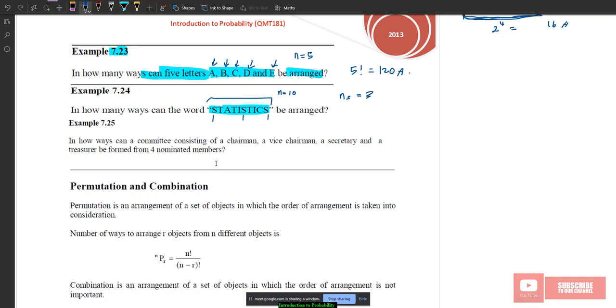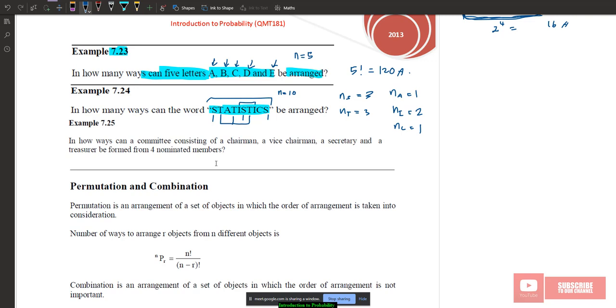So you have 3 objects for letter S. And T, 1, 2, 3 also, right? So you have 3 letters for T. And then for A you have 1 letter. For I basically you have 2 letters, I you have 2, right? And then for C basically you have 1. So all together you have 10.